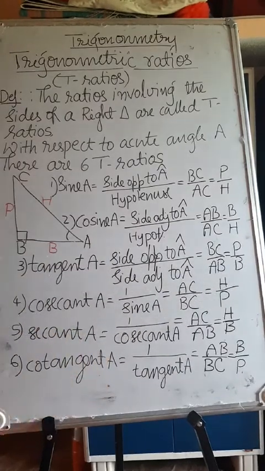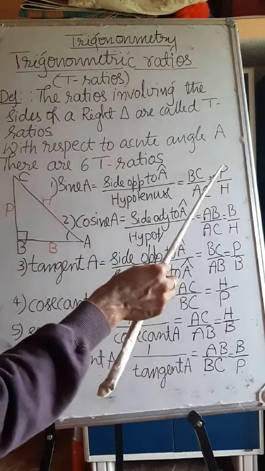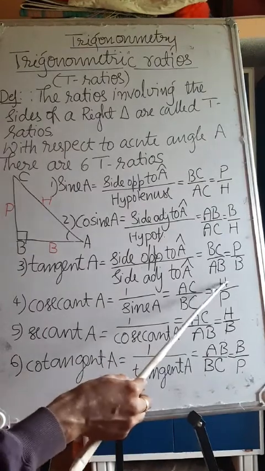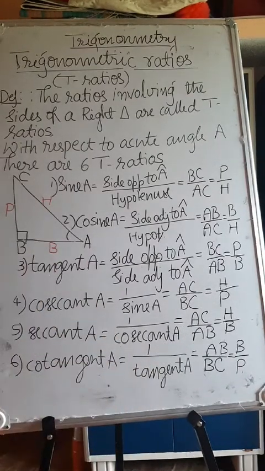That is cosecant A. Therefore, there is a relation between sine A and cosecant A. If you know sine A, you can write cosecant A.